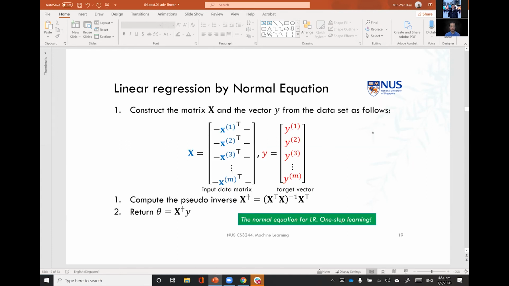So that's why many times we don't use the normal equation for linear regression, okay? You can summarize it as this: if my x vector is pretty short, then it's probably okay to use the normal equation, all right?